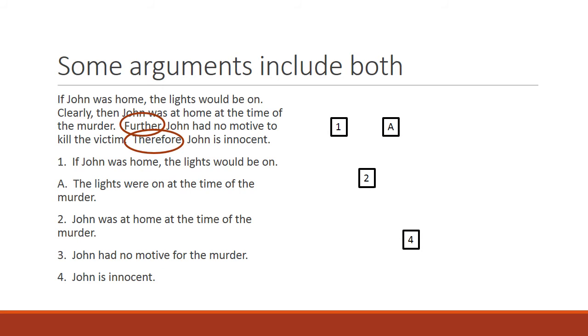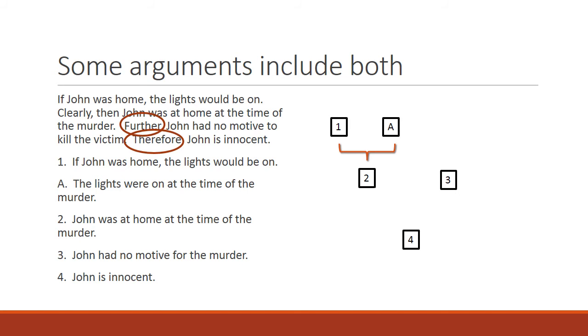These two premises, if John was home, the lights would be on, and the lights were on at the time of the murder, are linked together in the form of a deductive argument. So we're going to use the brace to show that they're working together as a team to prove premise number 2. We then know premise number 3 is on the same level as premise number 2, thanks to our number-like indicator "further."